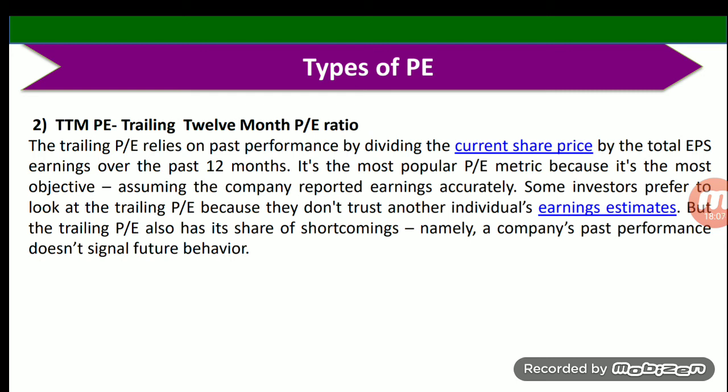So here the problem of TTM, or the problem of the trailing 12-month P/E ratio, can happen. So you should keep these things in mind. Do not only depend on the TTM P/E but also the forward P/E ratio, and you should consider all other fundamental parameters with the P/E ratio.